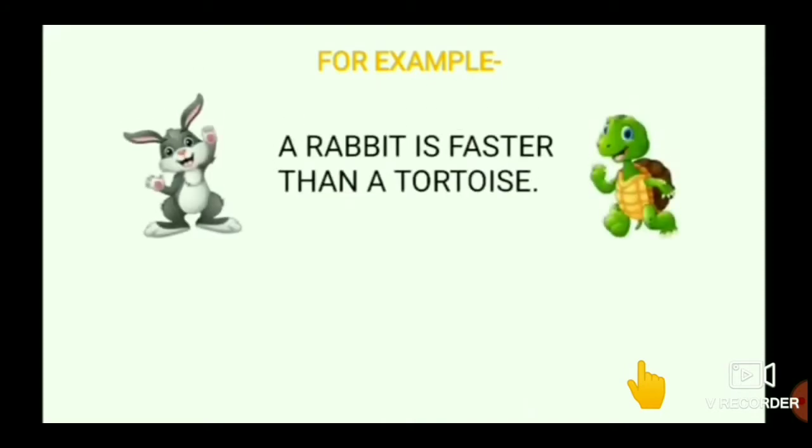Here is a sentence. A rabbit is faster than a tortoise. Here we have two animals, rabbit and tortoise. Now in terms of speed, the rabbit moves faster than a tortoise.